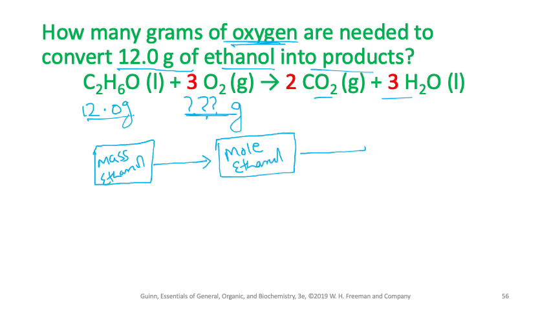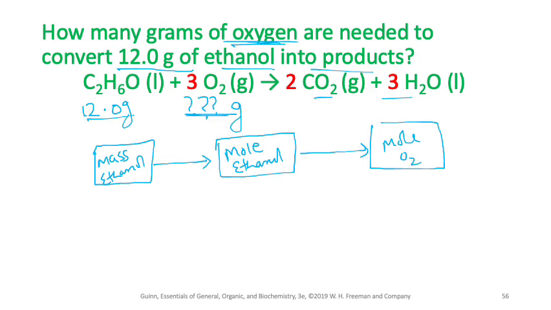If I have the moles of ethanol, what can I get? I need grams of oxygen, so I need some way to get moles of oxygen, because only from moles of oxygen can I get grams of oxygen. So is there any way I can get moles of oxygen from moles of ethanol? Yes, from the balanced chemical equation.